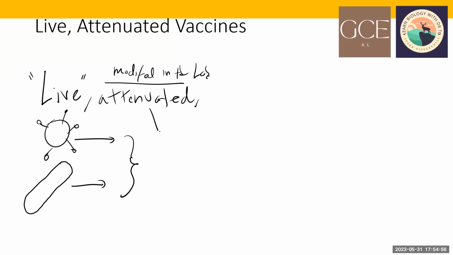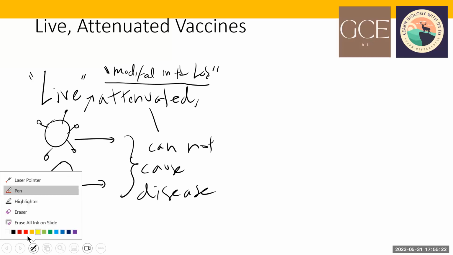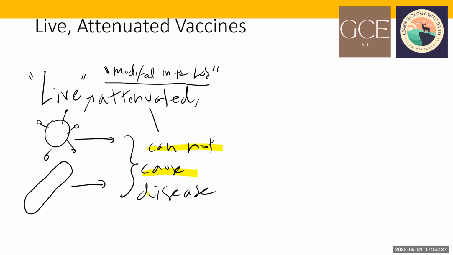So attenuation is cannot cause disease. We cannot learn more than that, because how they modify it in the lab is a complex process, and at our level it is not necessary. But you can remember attenuation means they cannot cause disease.